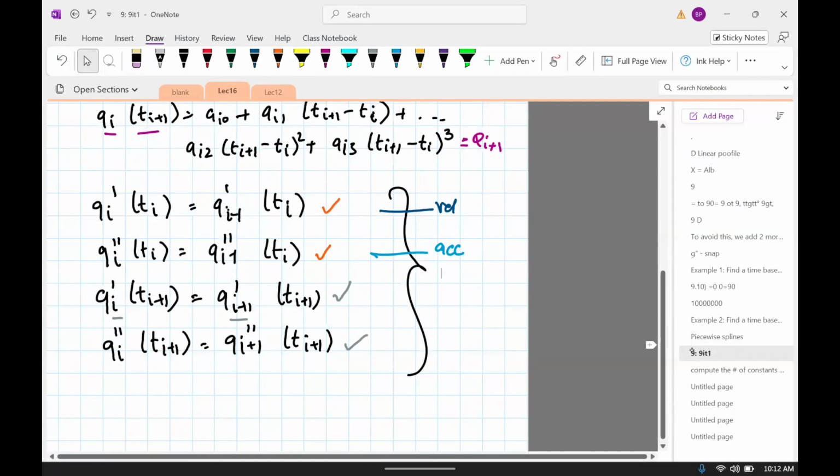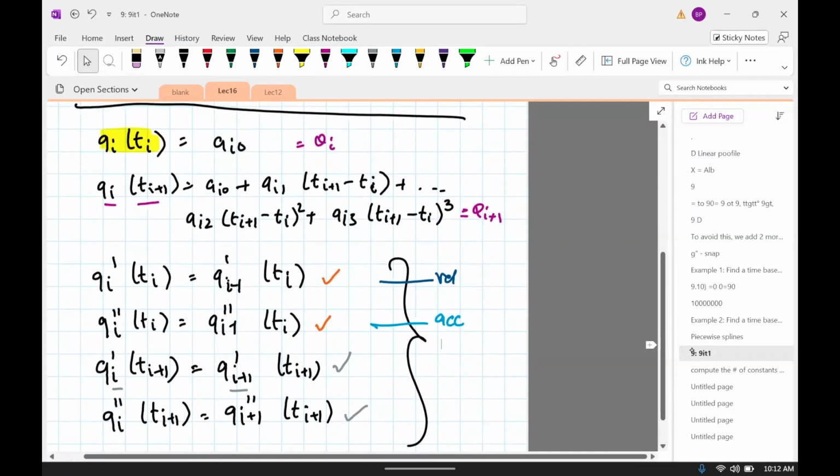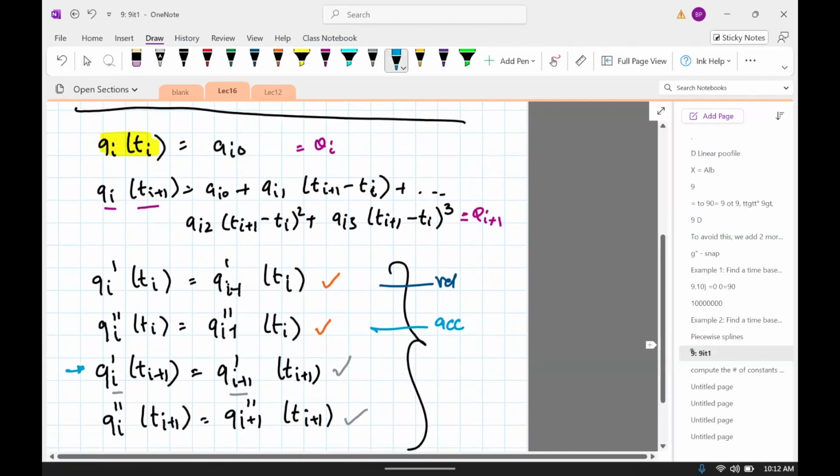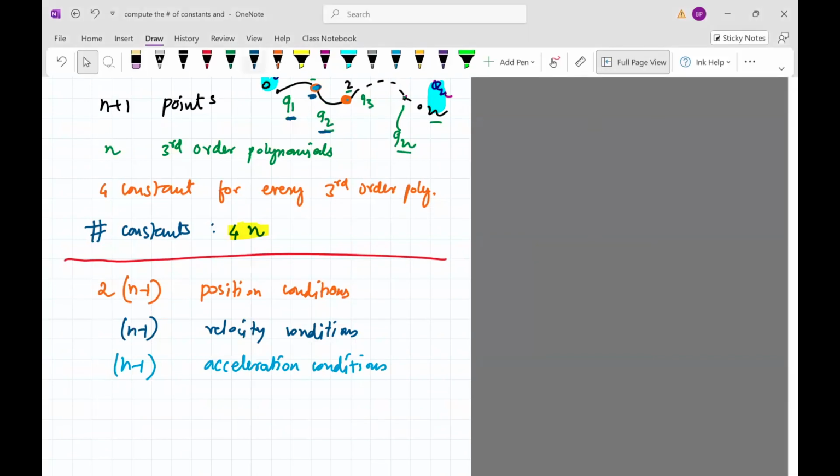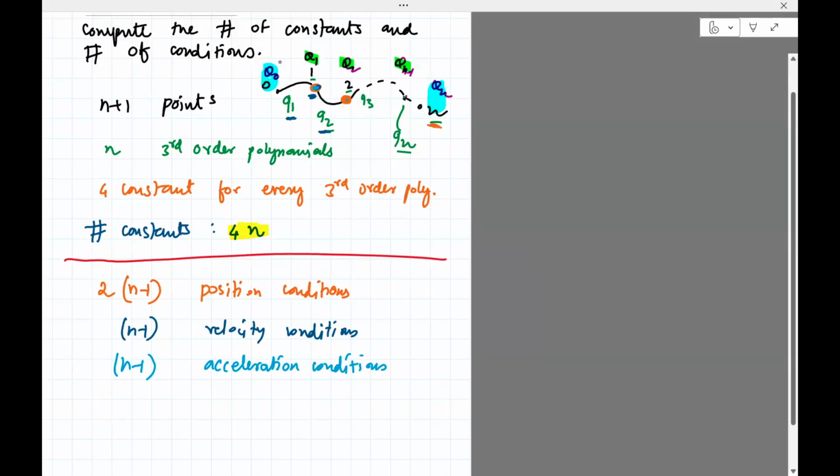So I've covered this, which is the same as the position, velocity condition, acceleration condition, position condition. So I've taken care of all this except for two, which I just ignored, right? Earlier I said, let me just do this in a special way because there is no segment to this fellow's left and this fellow's right.